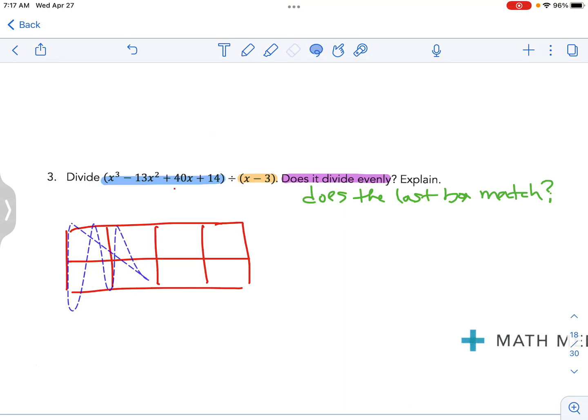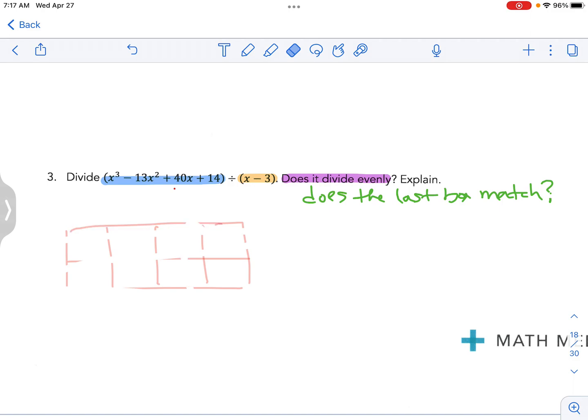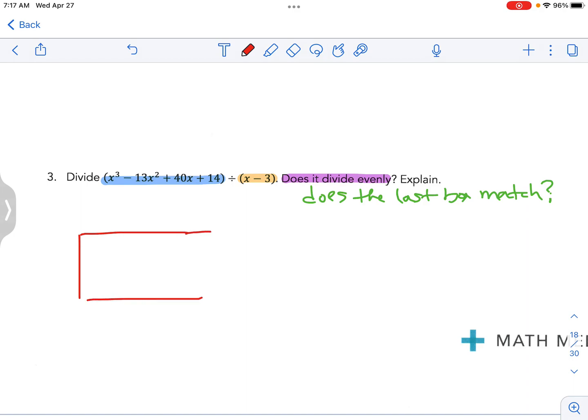Get rid of that. I should have looked at the degree more so than the number of terms. We have a 3rd degree polynomial, and we're dividing it by a 1st degree polynomial, which means we will have a quadratic as our answer, right? It reduces power by 1. So a quadratic is at most 3 terms. So we should need at most 3 across.